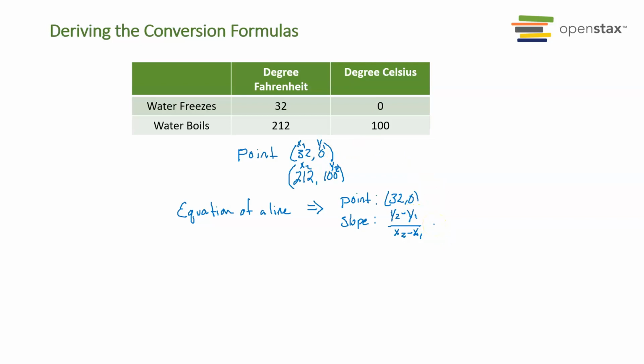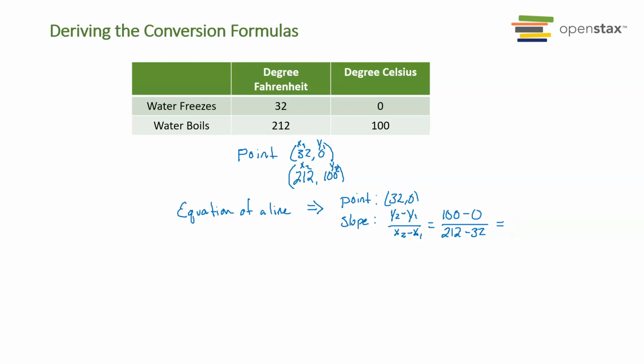So if we plug those values in, y2 is 100, y1 is 0, and then x2 is 212 minus 32.